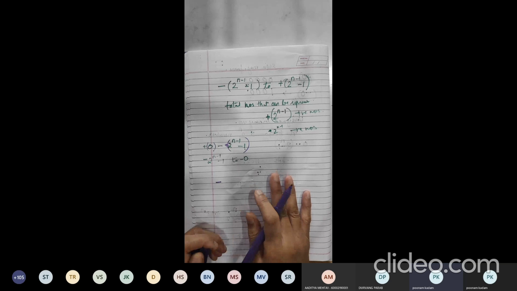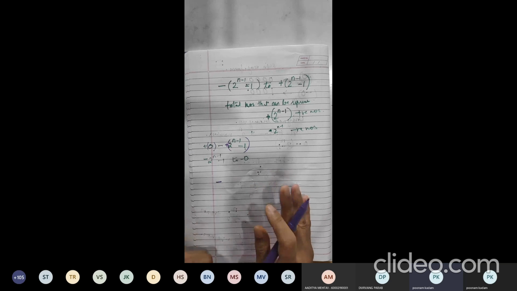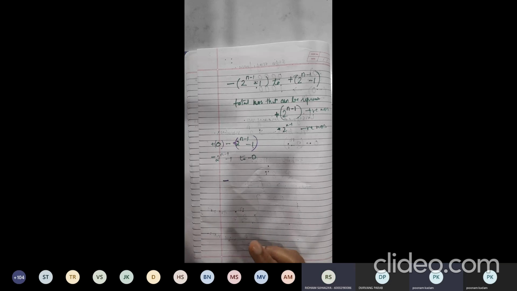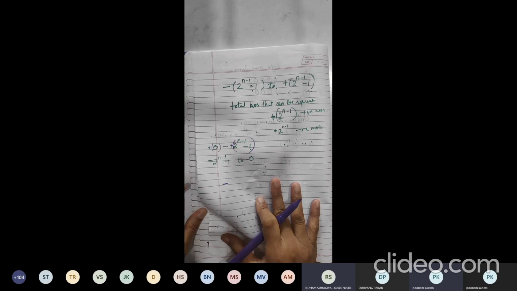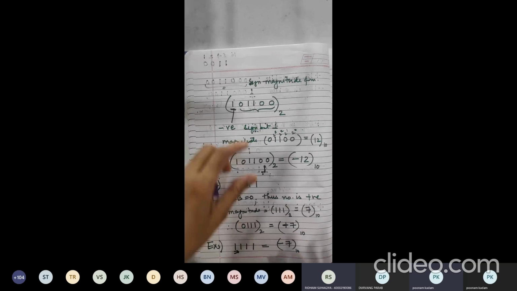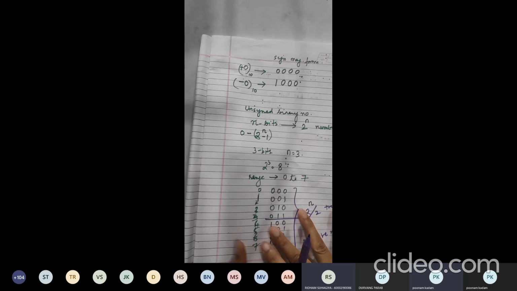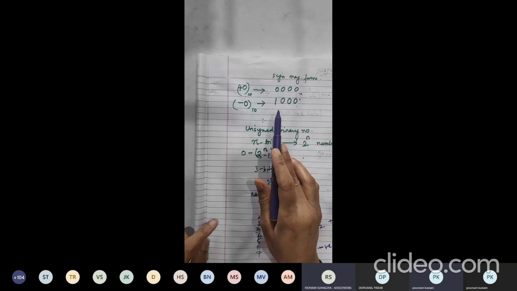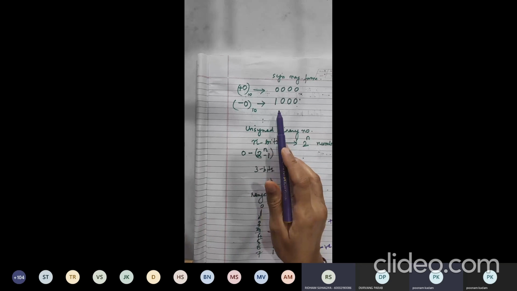Ma'am, zero should be counted in the positive numbers, right? Because if you want to count 0, there are two ways to represent 0, positive 0 and negative 0. Ma'am, but positive and negative with zero doesn't mean anything. Yeah, it doesn't mean anything. That is the drawback of this form of representation actually.